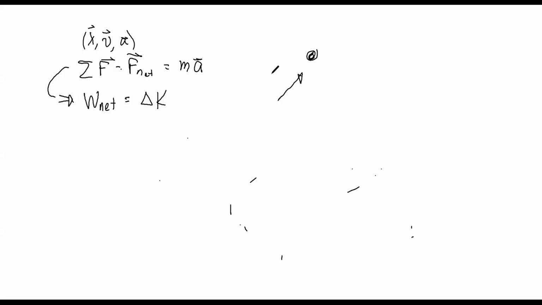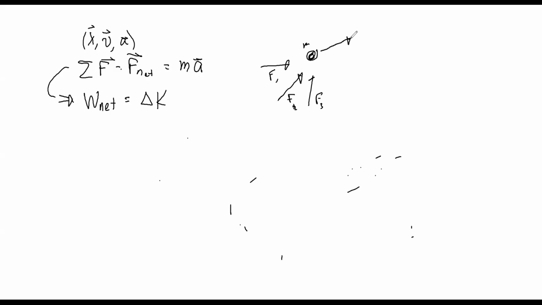We have some forces. This work is the path integral of the force applied to Newton's second law. So you have these forces acting on this system, and it moves off in some direction.